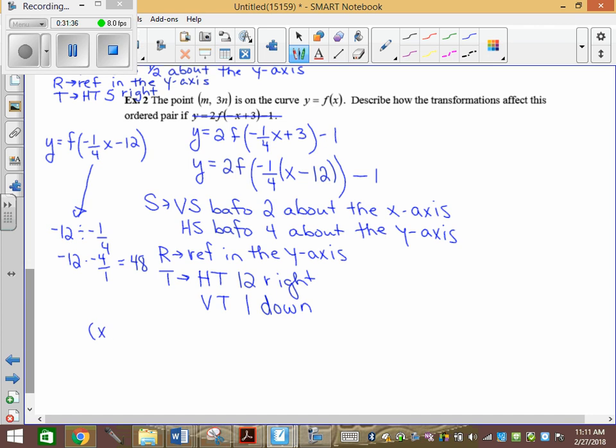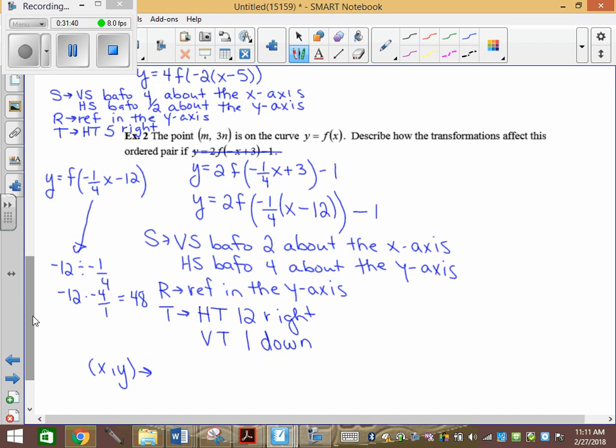So x, y, anything with the x affects the x. So I'm going to multiply the x's by negative 4 and add 12. And what am I going to do to my y's? Multiply by 2 and minus 1.